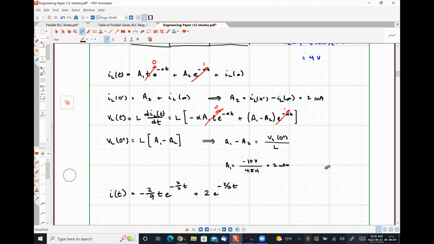So I apologize for that. That's going to change this. So negative 10 over 4.5 plus 2 times 10 to the minus 3 comes out to be negative 2.220 amps per second.